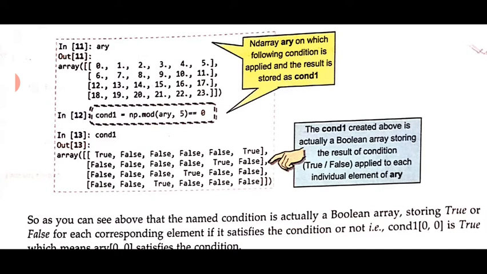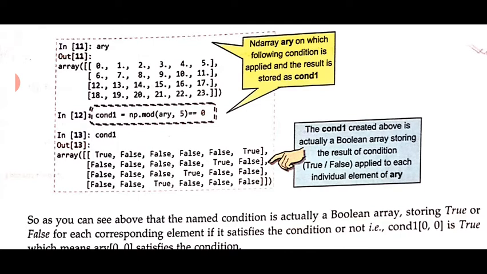Next, false in the case of 1, since 1 divisible by 5 is not equal to 0. 2 divisible by 5 is not equal to 0, false. 3 divisible by 5 is not equal to 0, false. 4 divisible by 5 is not equal to 0, false. 5 divisible by 5 is equal to 0, so that is true.